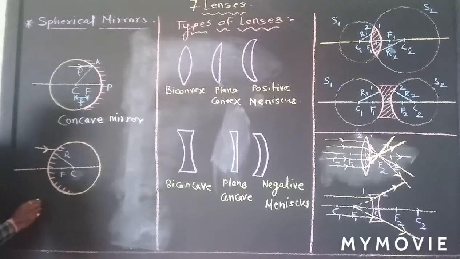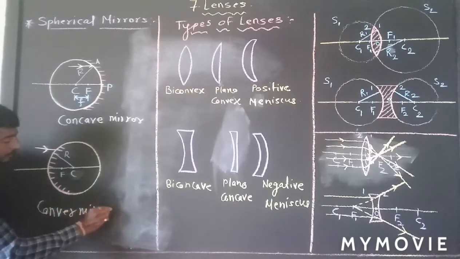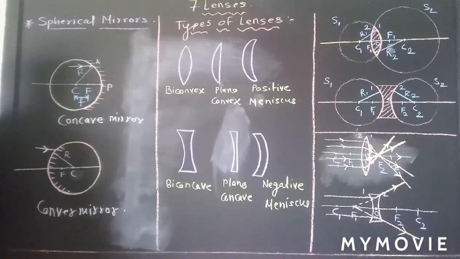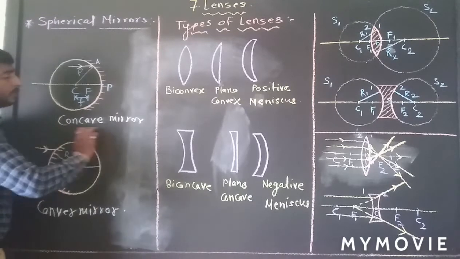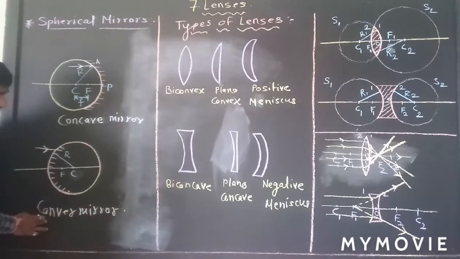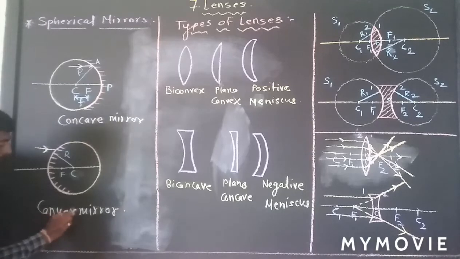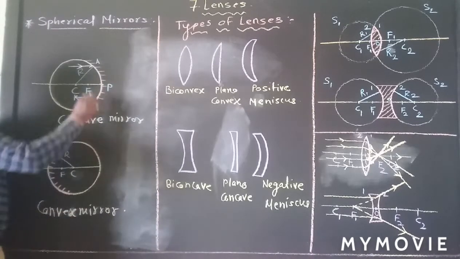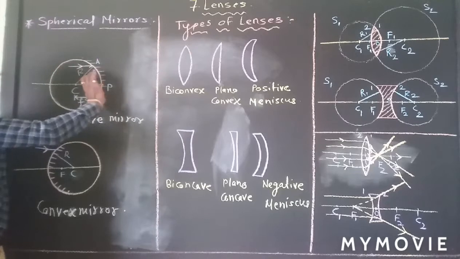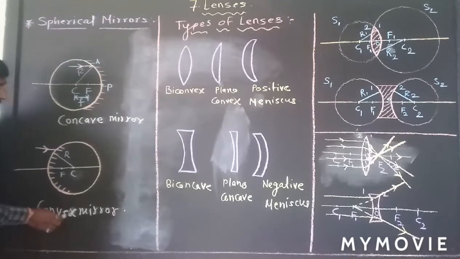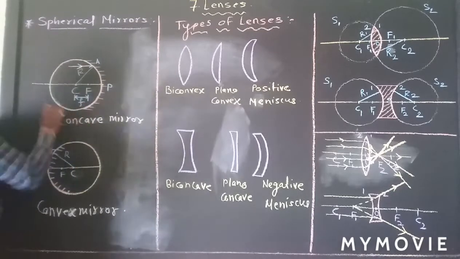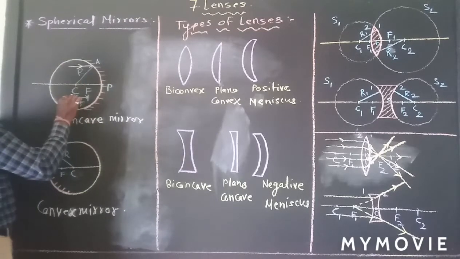This type of mirror is called a convex mirror. So a concave mirror, like a cave, has its inner portion reflecting, and in a convex mirror the outer portion is reflecting.